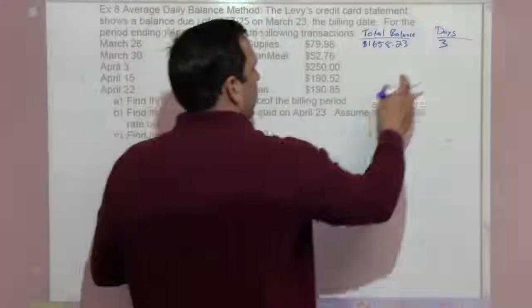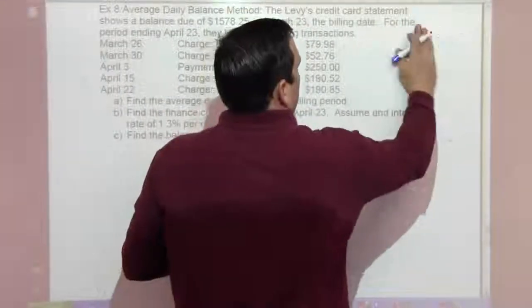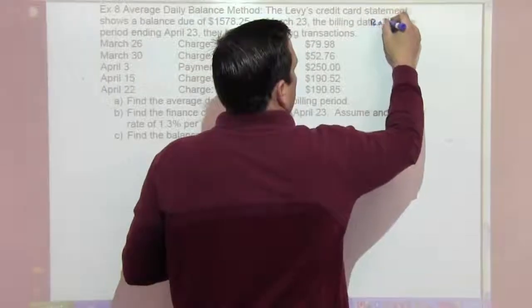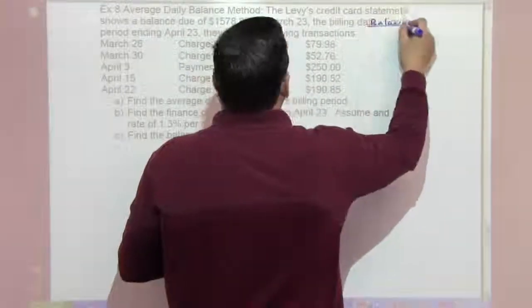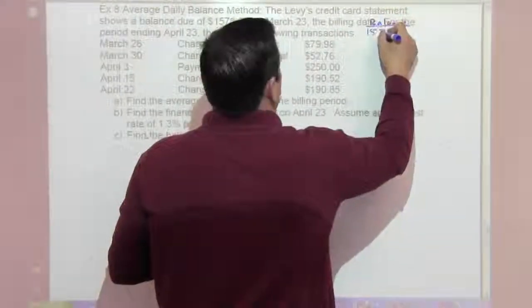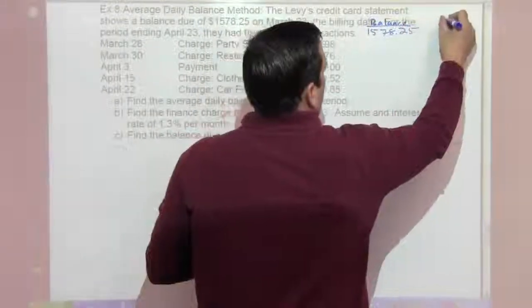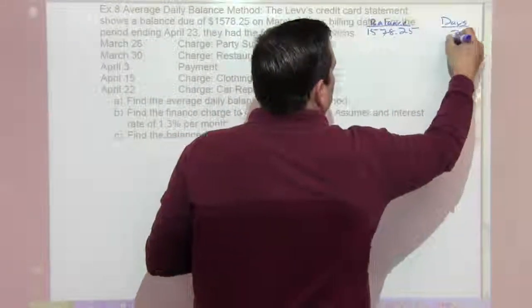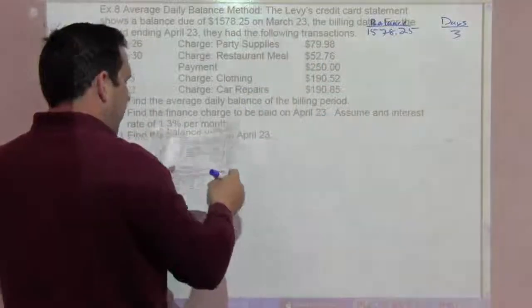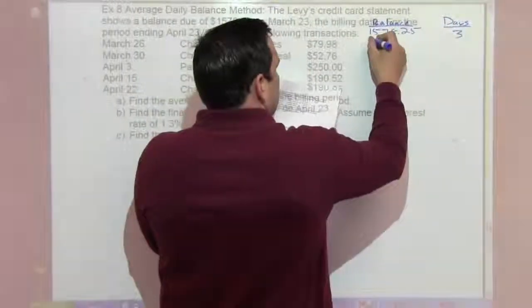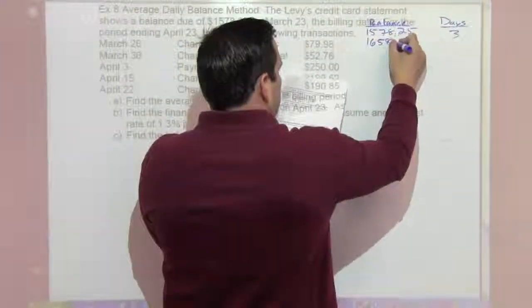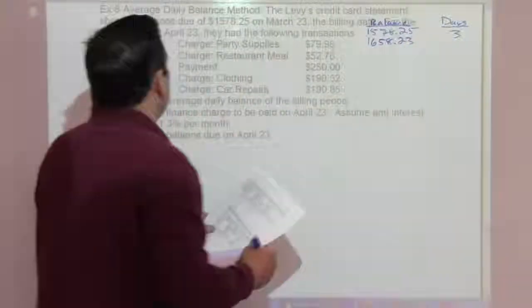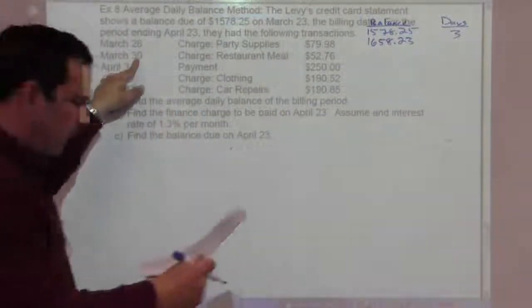I'll take that back. The balance was $1,578.25 for 3 days. Then it changed. They made this charge, which brought the balance up to $1,658.23, and then the next charge is on the 30th, so that's 4 days.